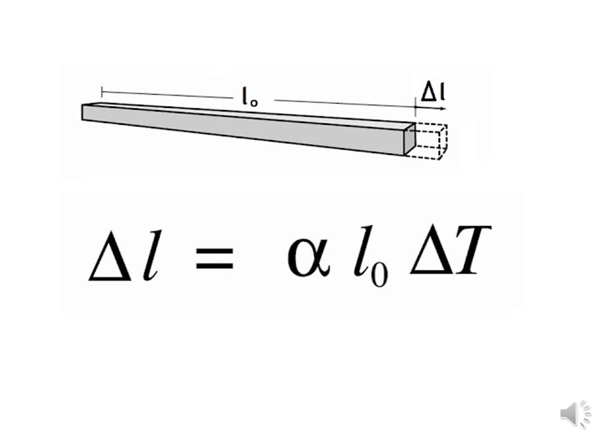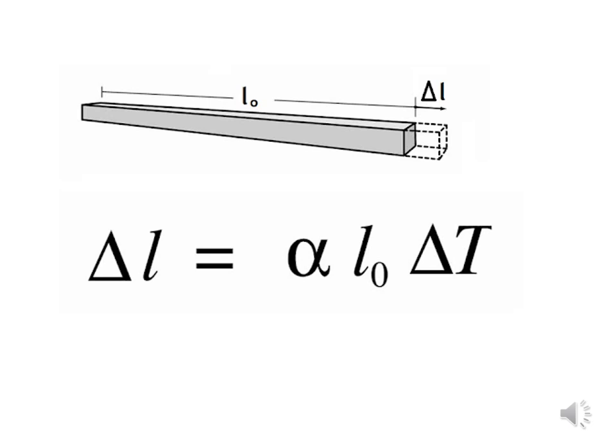Alpha depends on the type of the object. Various objects have different alpha. For example, wood, steel, aluminum, bronze, they will have a different alpha.